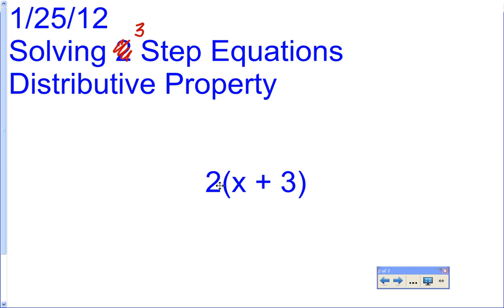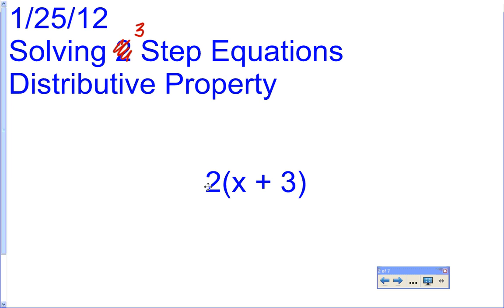You have this 2 outside of the parentheses, which contain x plus 3. We're going to pass this 2 into the numbers inside the parentheses. Whatever's inside the parentheses is going to get passed this 2. How are we going to do that? Well, hopefully you remember when you have a number next to a parentheses, that's telling you to multiply.